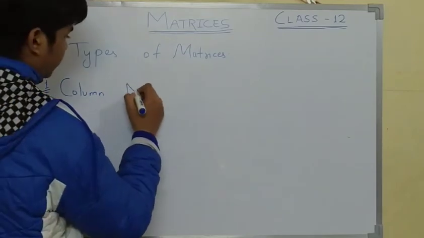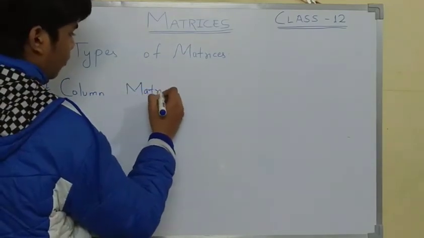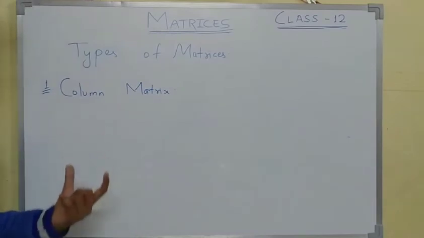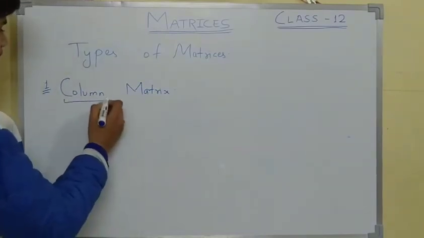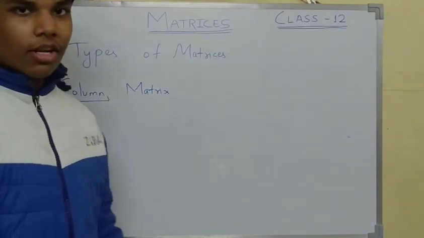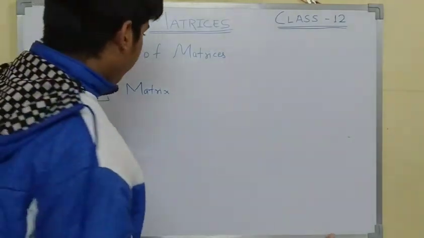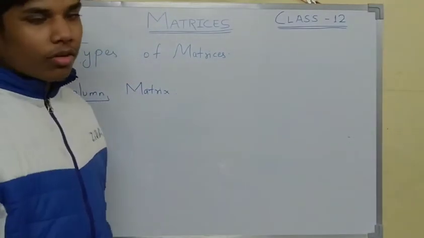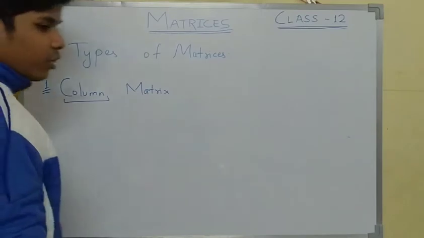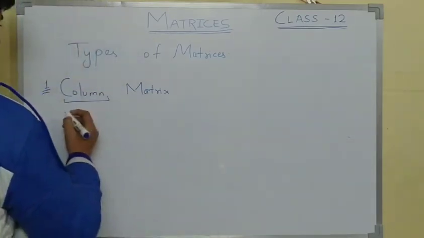By the name only we can see what we can call it. Column means there will be any number of columns, but the row will be only one, because without any row or column a matrix is not possible.